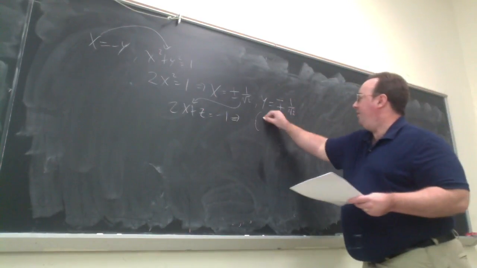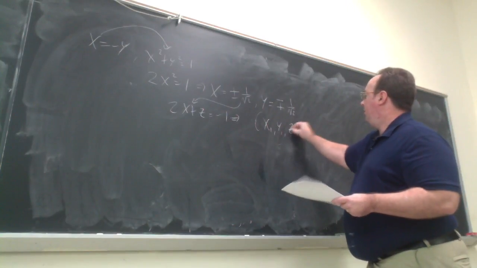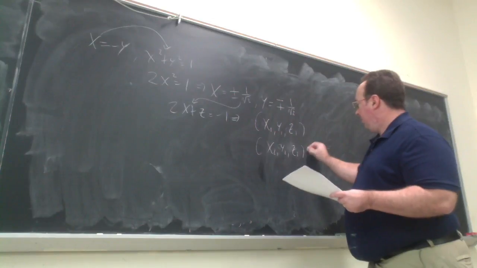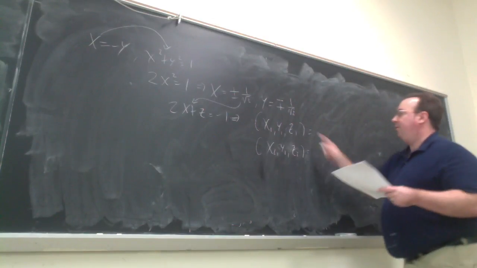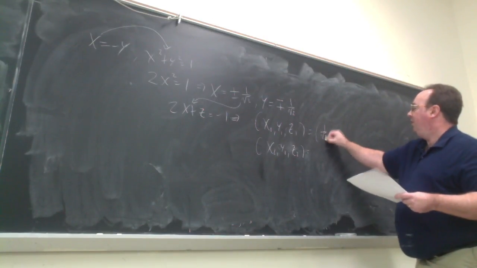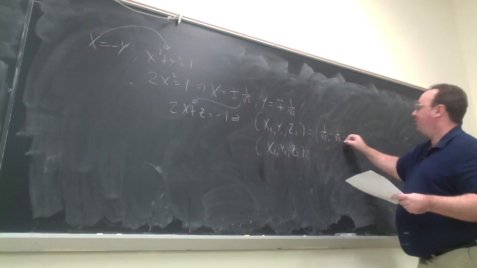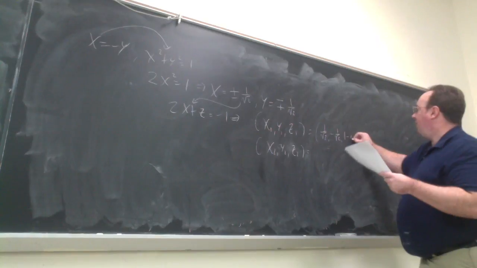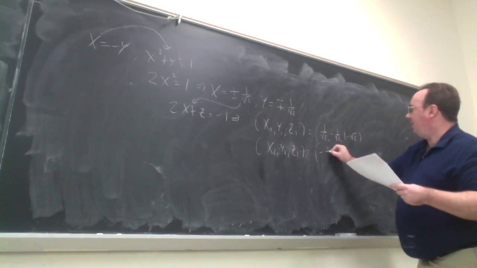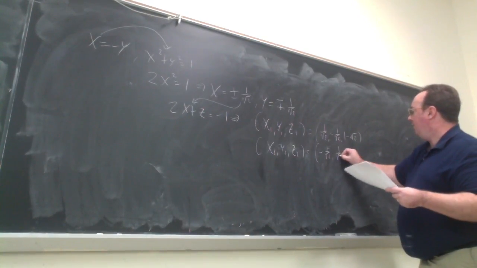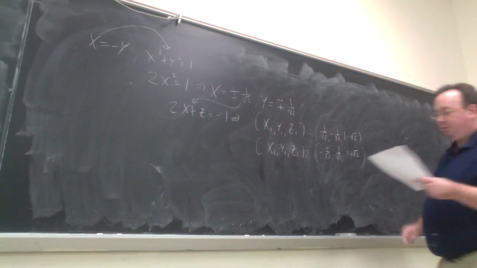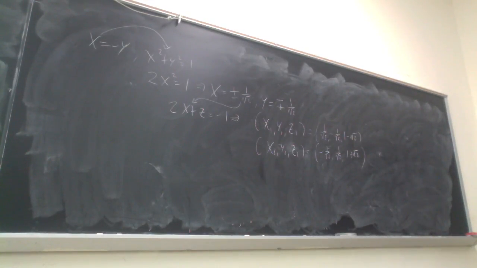So now we have our two critical points, x2, y2, z2. The first one, we choose a plus sign, 1 over square root of 2, minus 1 over square root of 2, and then plug that into z, and we get 1 minus the square root of 2, and then negate the x and y, and then we have 1 plus square root of 2.